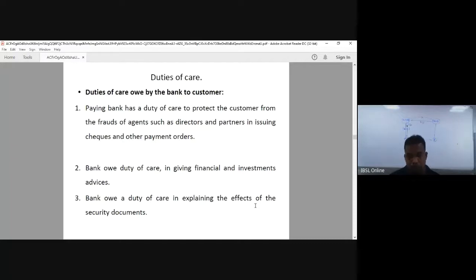You should know the subject, and you have to provide the advice without negligence, with due diligence. Then you are protected. Otherwise, if you have given advice without knowing the subject, obviously you are not supposed to give such advice.